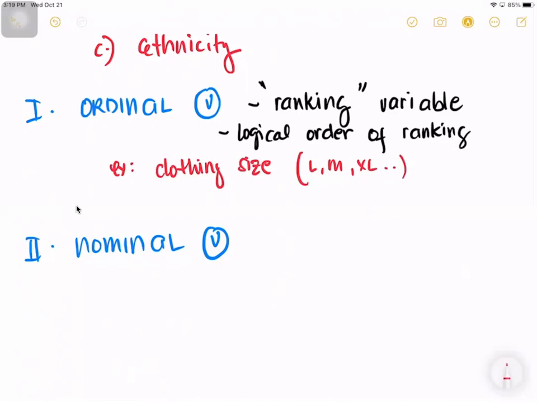Then we also have your numerical academic grades.